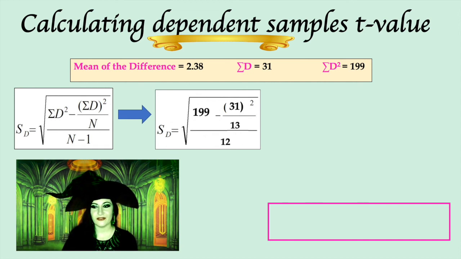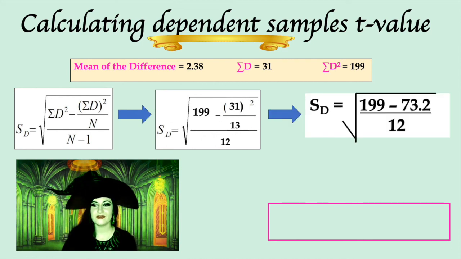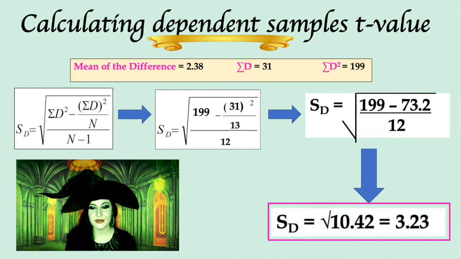So I simplify it further and I see 199 minus 73.2, divided by 12. Once I calculate this quotient, I'm going to get 10.42. And remember, don't forget that square root. So the square root of 10.42 gives me 3.23.